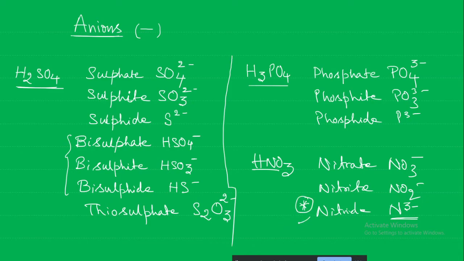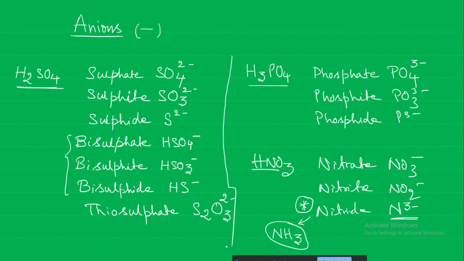You can remember here 3 minus is there, no? If you replace with hydrogen, what you will get? 3 minus charges are there, replace with 3 protons. What you got?